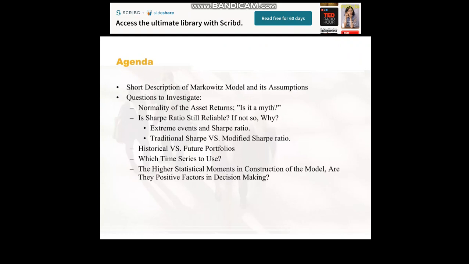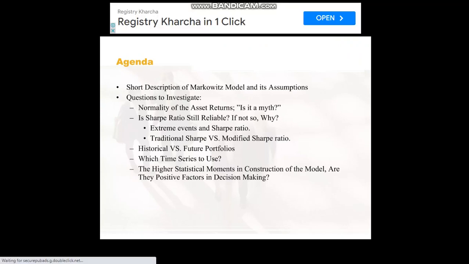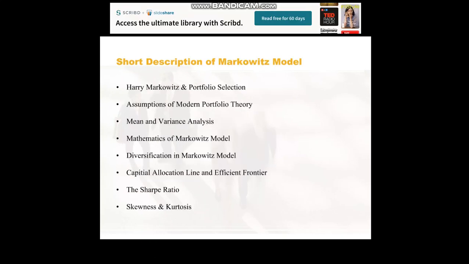Extreme events and the Sharpe ratio. Traditional Sharpe versus modified Sharpe ratio. Historical versus future portfolios. Which time series to use? The higher statistical moments in construction of the model: are they positive factors in decision making?